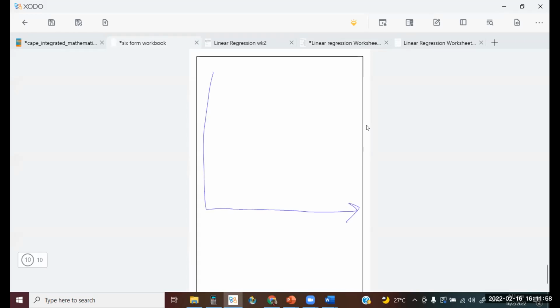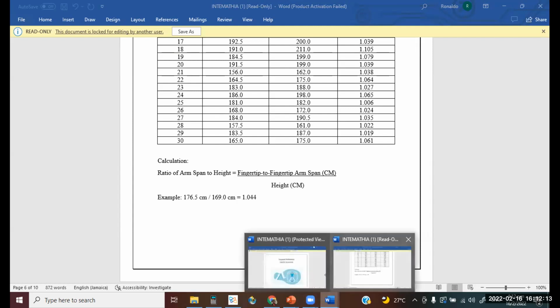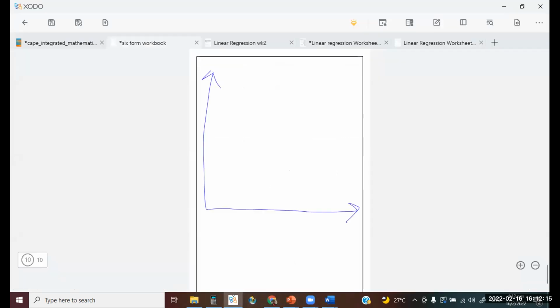Let me go back to the data. You have persons like 157, wingspan is 161. So height on the Y, this is what you're going to have, height. Then of course you have the wingspan.